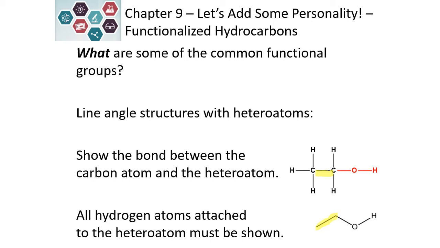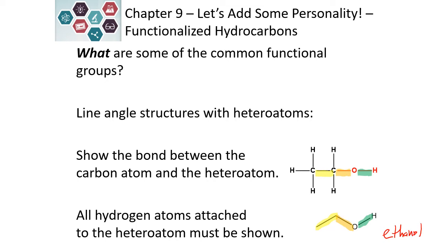And then when we show the functional group, we need to put that bond in and show that there is a bond to the element that is not carbon or hydrogen. Because the way the atoms are attached is really important for different functional groups, we also have to show the bonds to any hydrogen atoms that are present. So this would be an example of ethanol.